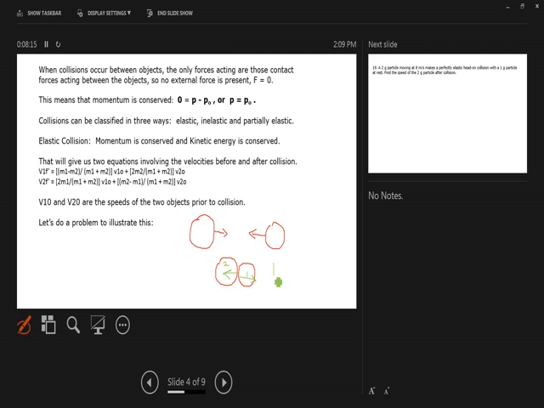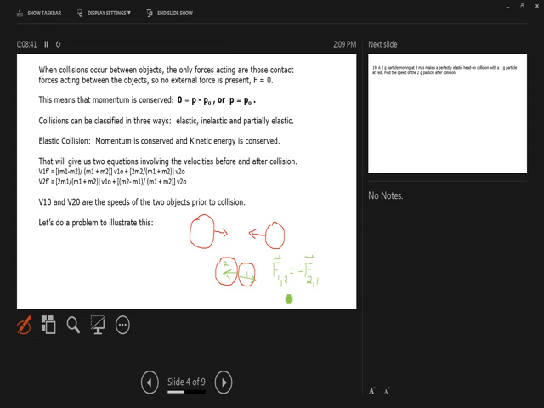It says the force that 1 exerts on 2 is equal but opposite to the force, these are force vectors, that 2 exerts on 1.